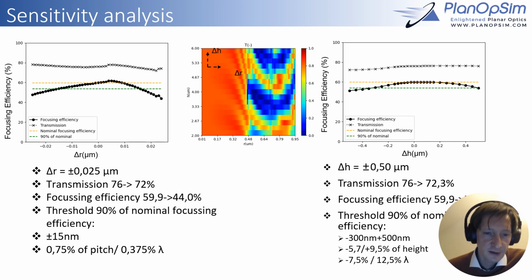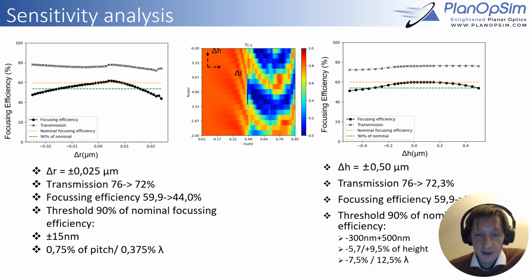So there is a slight decrease there, but there is a somewhat stronger decrease here in the focusing efficiency from roughly 60% in the nominal design to 44% at the outermost cases. The threshold here for this lens design was that as long as we want everything to remain within 90% of the nominal design efficiency, a change of plus minus 15 nanometer is acceptable.